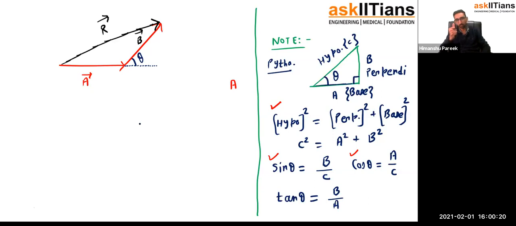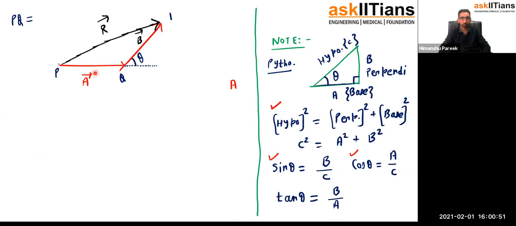Now, the next part is we have to find out the value of R. So now follow me. What steps am I going to use here? First of all, I have extended this line A a little bit. So up till here, what is the length, guys? This is, let's say, point P. This is, let's say, point Q. This is, let's say, point T. Up till here, the value of PQ is what?